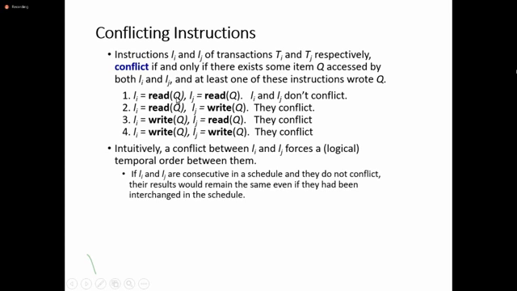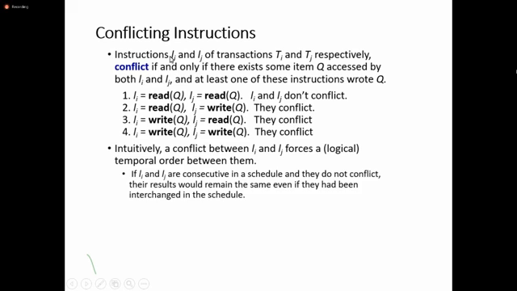In this situation we access the same item in transactions Ti and Tj. If the items are separate, there is no effect on the transactions, but here it is the same item Q.